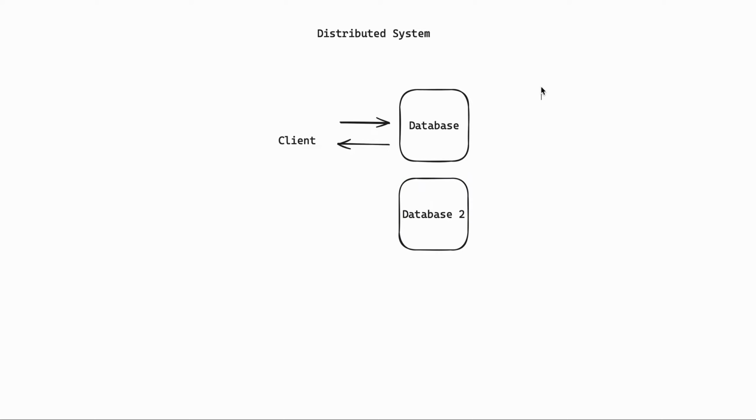Some example distributed systems: Hadoop, a distributed file system; Cassandra, a distributed database; and MongoDB. MySQL is not distributed by default. You can install it on one machine, but we can make it distributed by adding a replica or sharding.